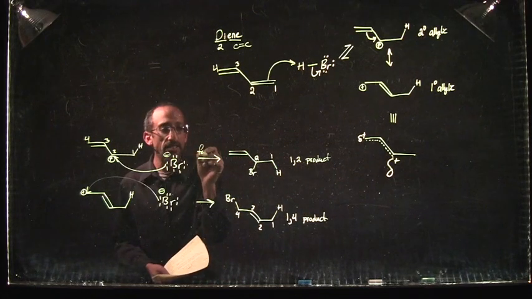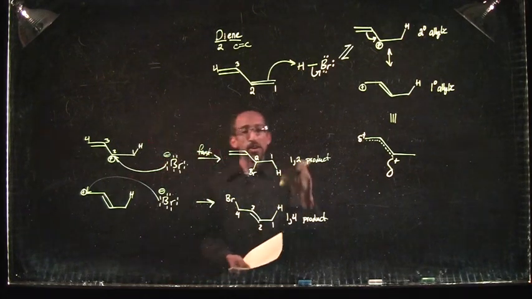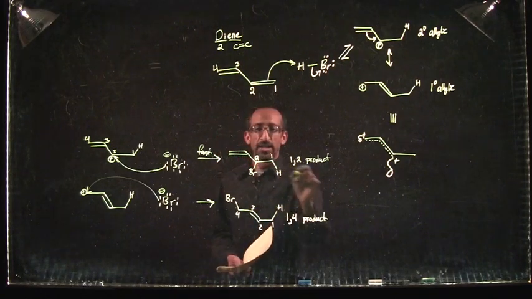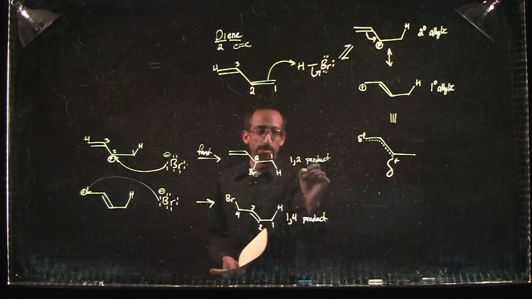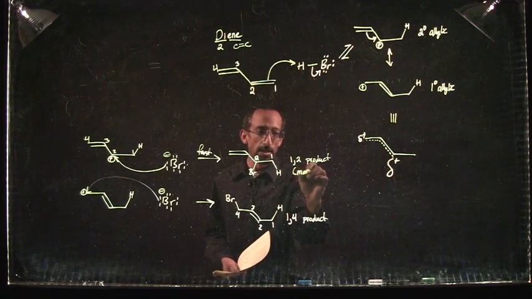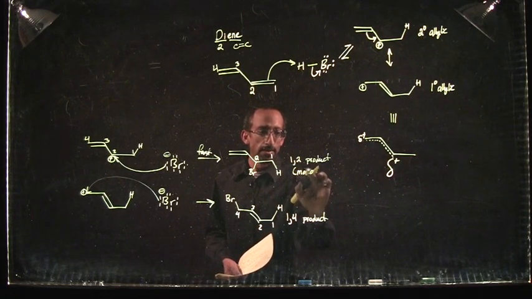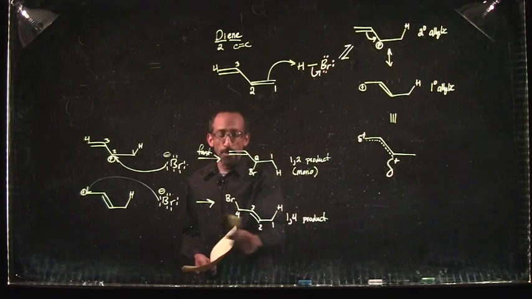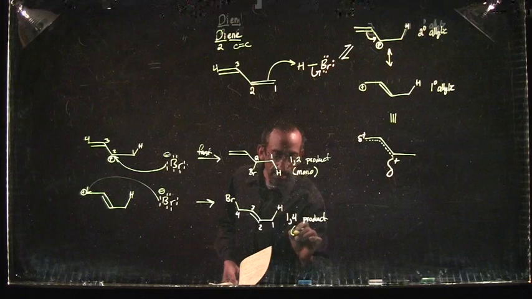This is very fast. However, if we compare our two products, my 1,2 addition product gives me a monosubstituted alkene, versus my 1,4 product, which gives me a disubstituted alkene.